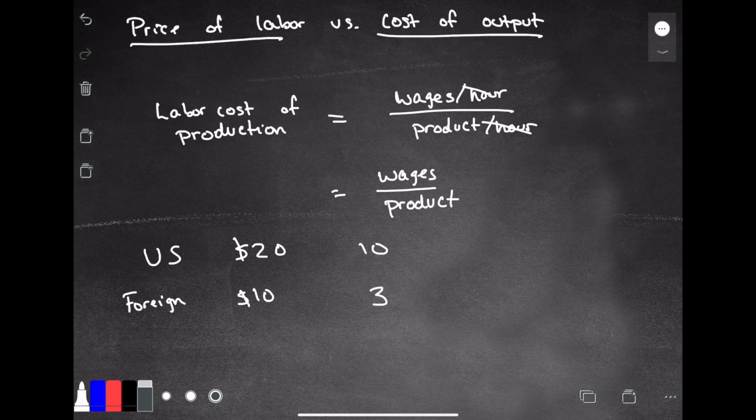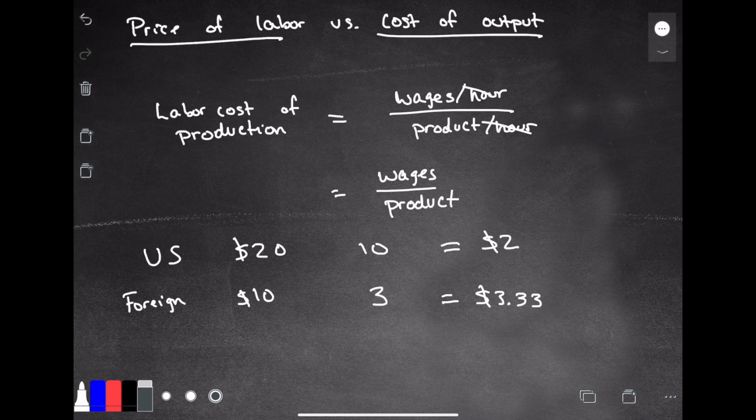So the US worker's labor cost per unit of output is equal to $2. The foreign worker's is equal to $3.33. And so even though the US worker is more expensive in terms of wages, in fact, they're twice as expensive in terms of wages, they're actually less expensive in terms of their labor cost per unit of output.